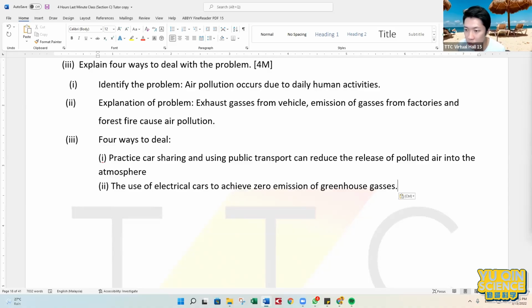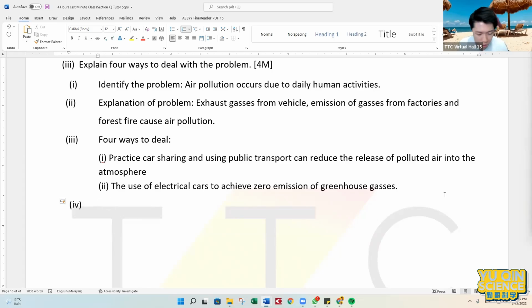Encourage carpooling, encourage use of filters in factories. Punish factories that pollute the air. Law must be enforced to prevent illegal logging. Sash, no one cuts the trees lah, it's burning the trees lah. The picture is a burning picture. Okay, but nonetheless, yeah, not bad.